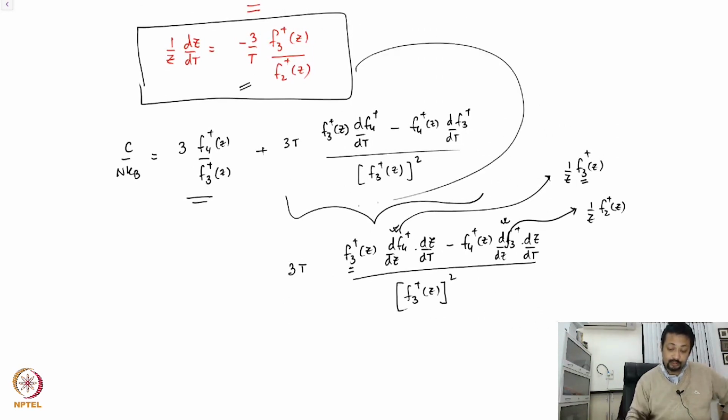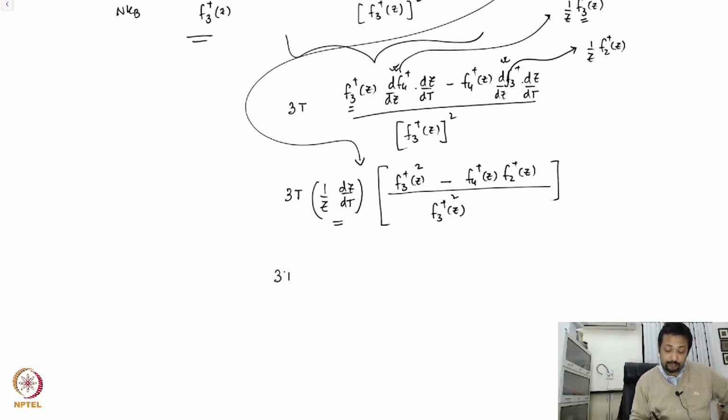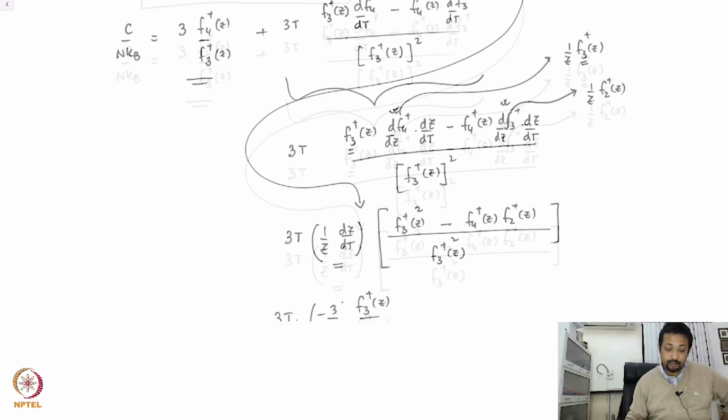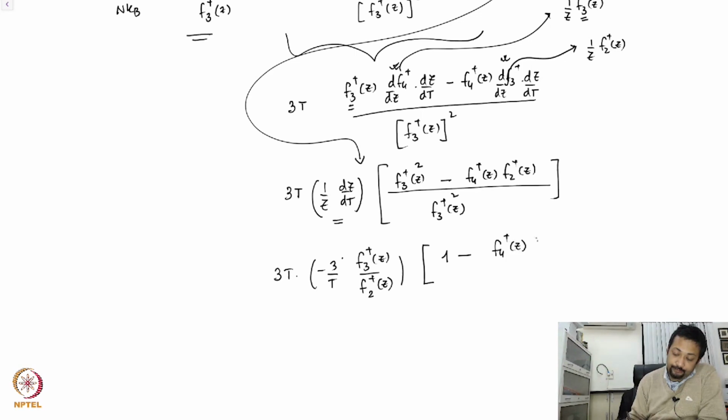So I take this and substitute over here to give me 3 times t minus 3 by t, f3+(z) divided by f2+(z), and this is 1 minus f4+(z) f2+(z) divided by f3+(z) whole square.